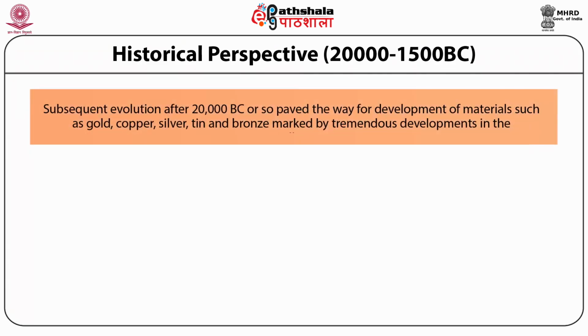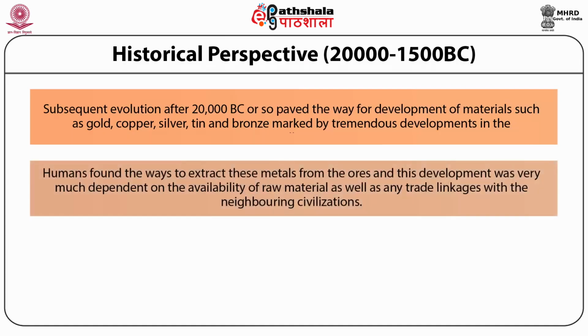Subsequent evolution after 20,000 BC or so paved the way for the development of materials such as gold, copper, silver, tin, and bronze, marked by tremendous developments in metallurgy. Humans found ways to extract these metals from the ores.